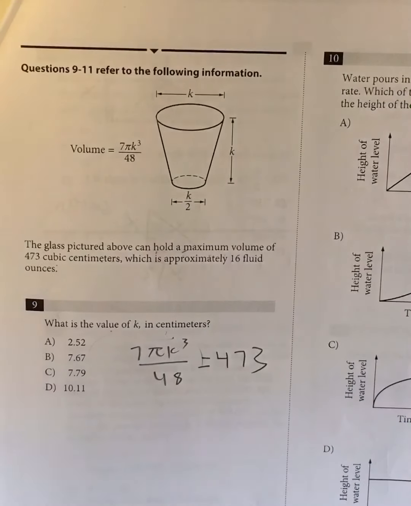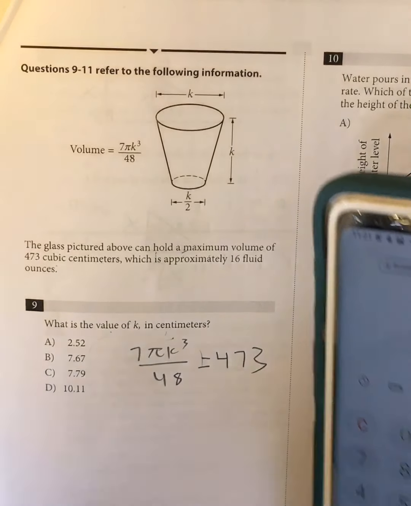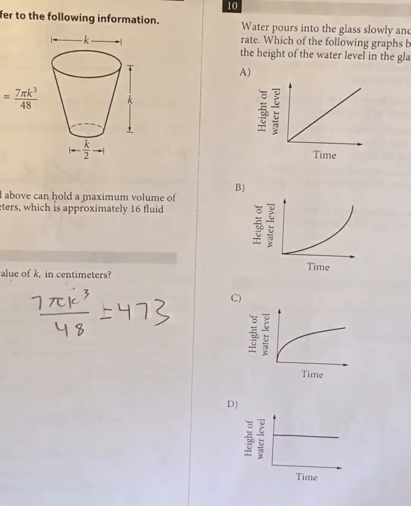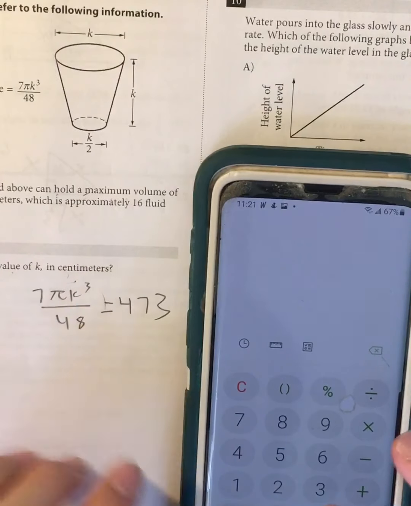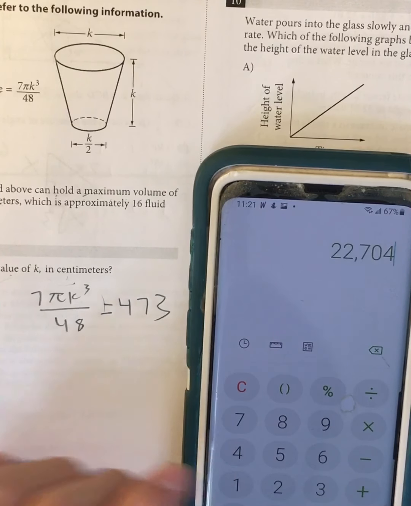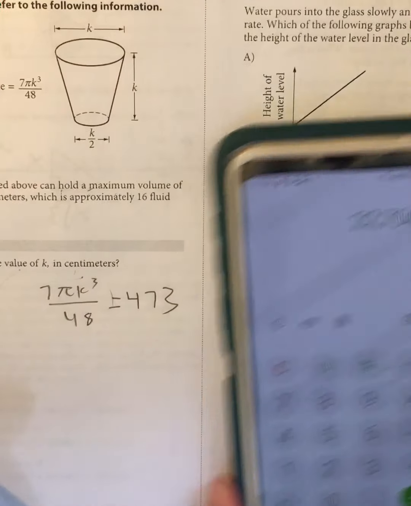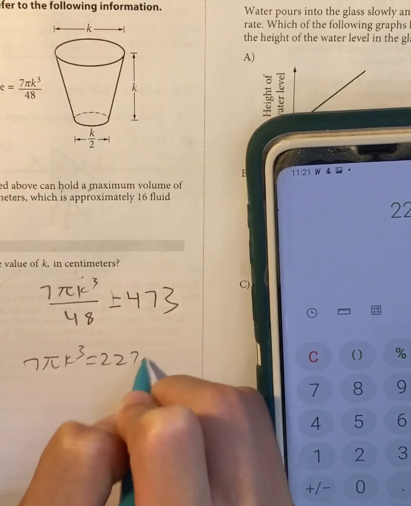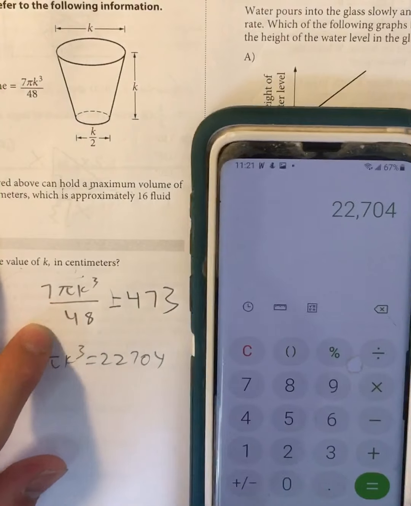So let me use my calculator. How am I going to approach this question? Now I'm going to multiply both sides, 473 times 48. And so that means that 7 pi k cubed is equal to 22704 because I multiplied both sides by 48.